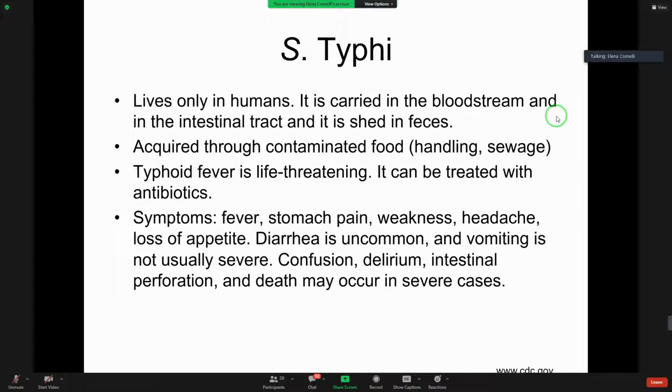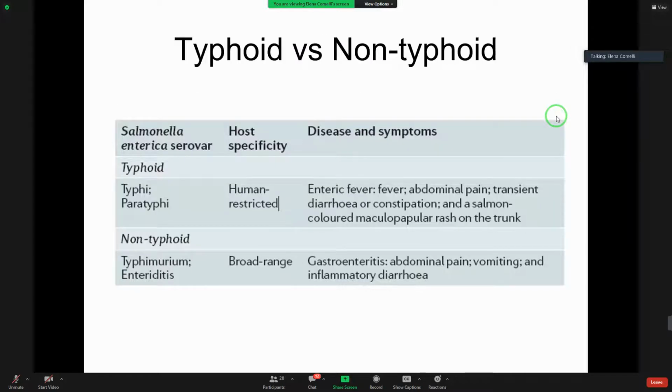Although this infection can be treated with antibiotics, the typhoid fever that ensues is life-threatening. The symptoms here are fever, stomach pain, weakness, headache, and loss of appetite, and diarrhea is not very common in this case. This table just summarizes what we have said so far about the differences in these two diseases.